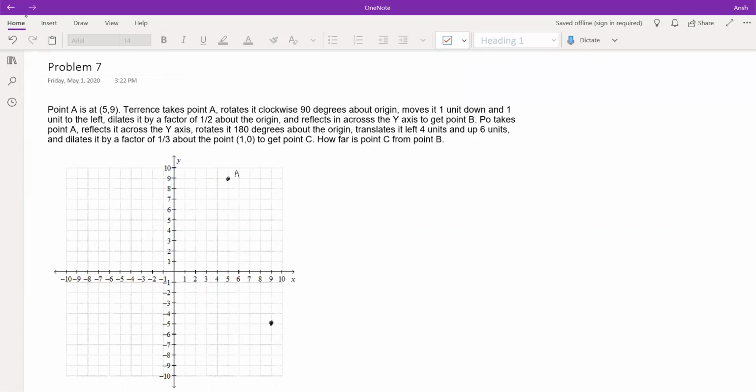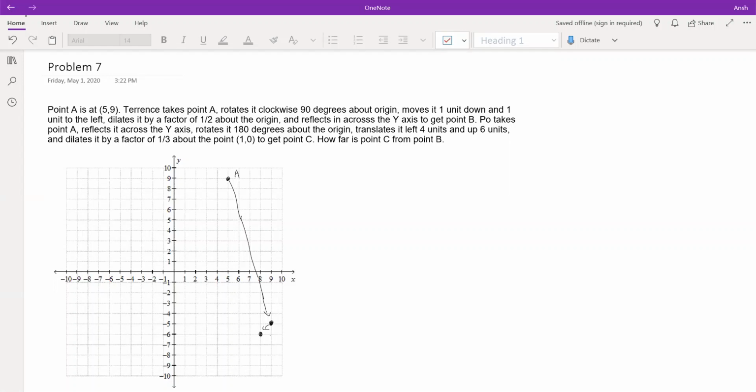So that means our new point would be at (9, -5). Then it tells us that we move it 1 unit down and 1 unit to the left. So this means we subtract 1 unit from the y coordinate and subtract 1 unit from the x coordinate. So this moves it to (8, -6), as you can see here.